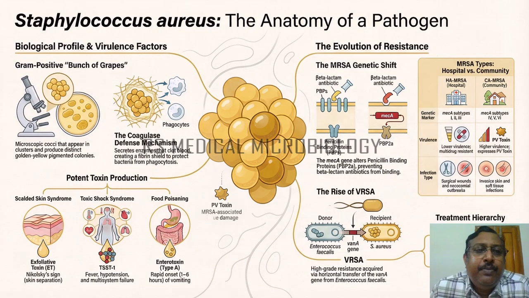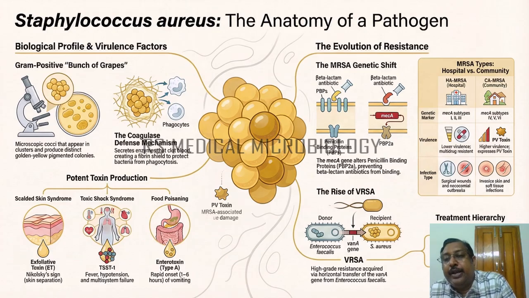So to sum up, you have Staphylococcus aureus, which is a gram-positive cocci, and the most potent toxins are the exfoliative toxin, toxic shock syndrome toxin, and enterotoxin, along with the Panton-Valentine leukocidin. The most feared ones are the MRSA, wherein you are not going to use any kind of antibiotics belonging to the cephalosporin category.